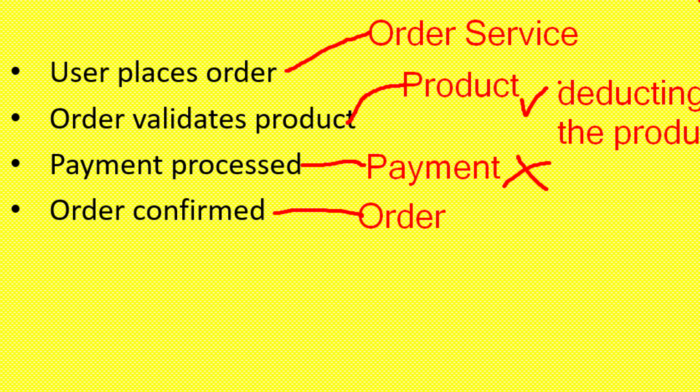I need to go back and change that 17 into 20, or I can leave it as 17. Do I need to leave it as 17, or do I have to roll back to 20 if payment failed? Need to roll back. So again, I have to go back to the product service and roll back. For that, we are using a pattern called Saga.